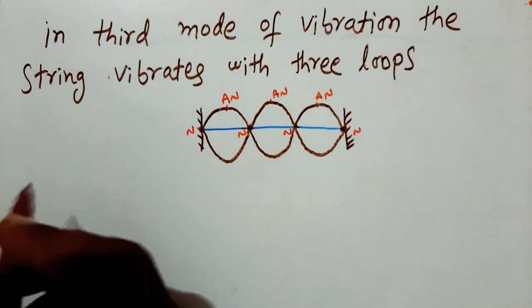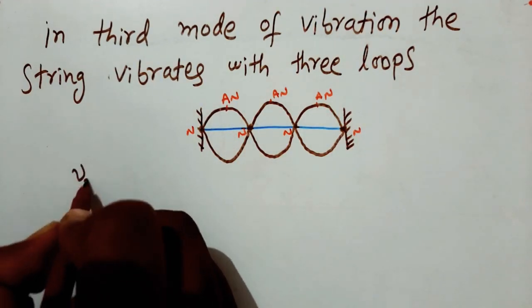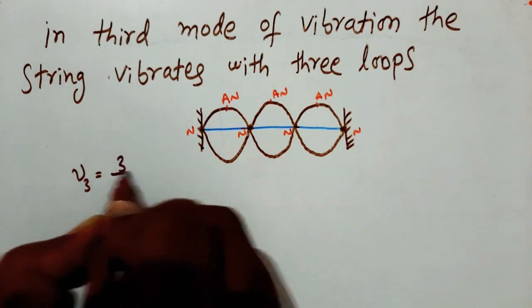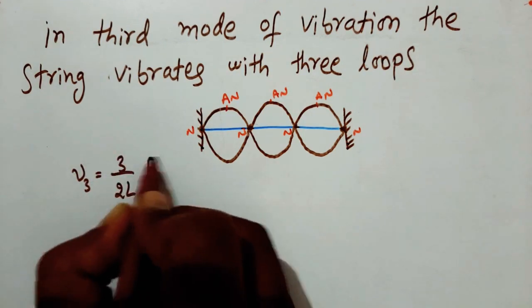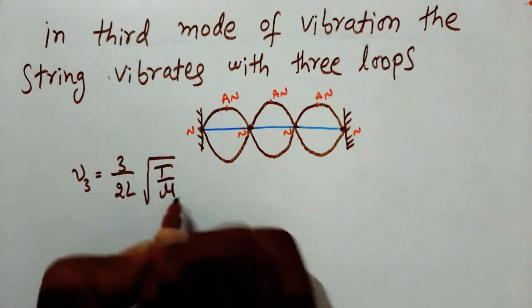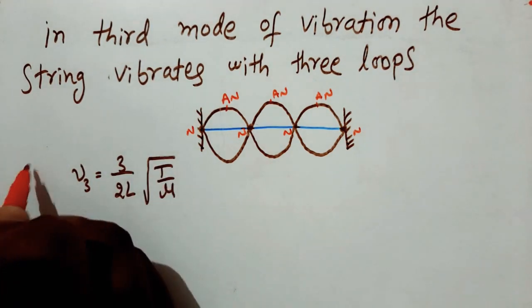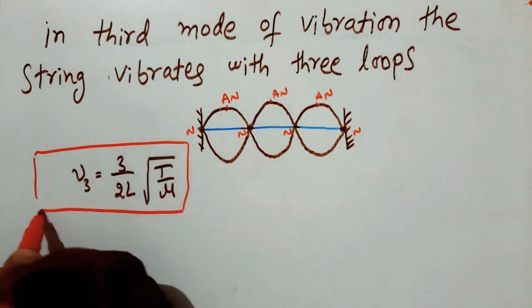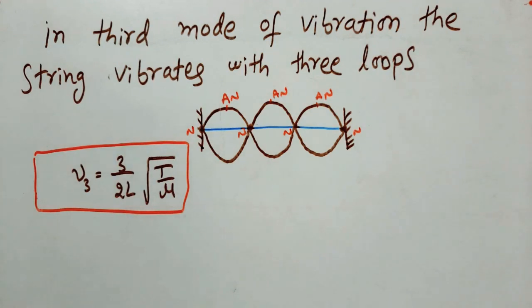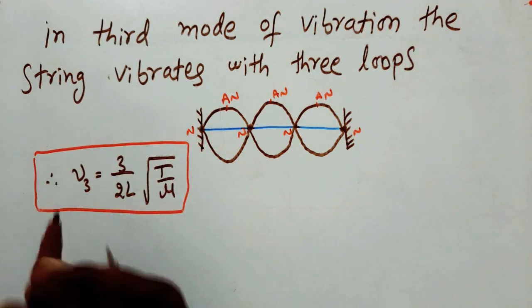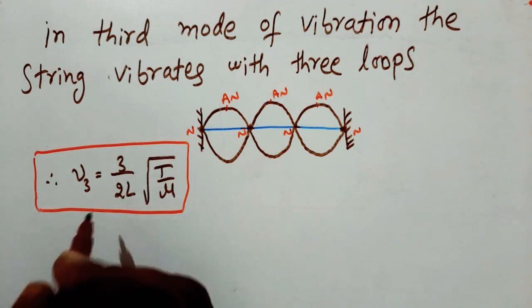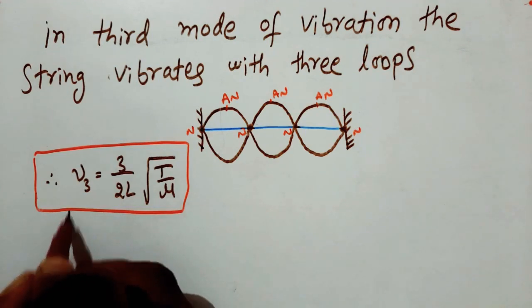So the frequency, how we can write, nu3 is equal to 3 by 2L into square root of T by mu. This is known as the third harmonic frequency.